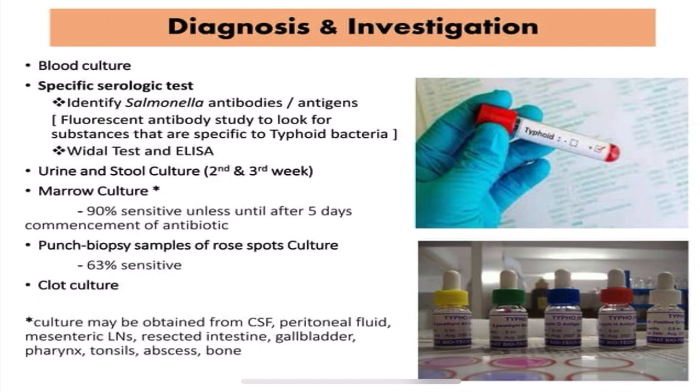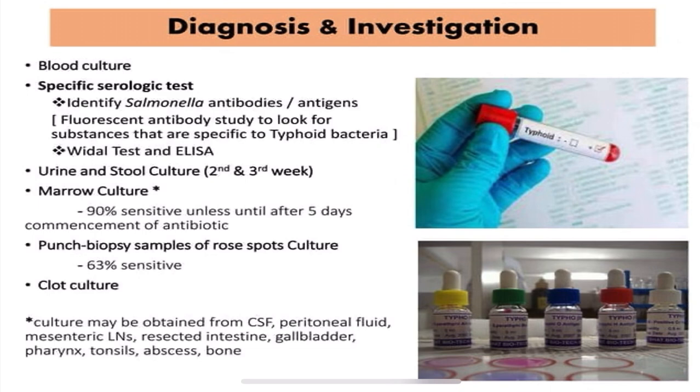The Vidal test is also detecting the antibodies which are produced by the body in response to the Salmonella typhi infection. These tests help us diagnose typhoid fever by identifying the presence of antibodies in the patient's blood sample.